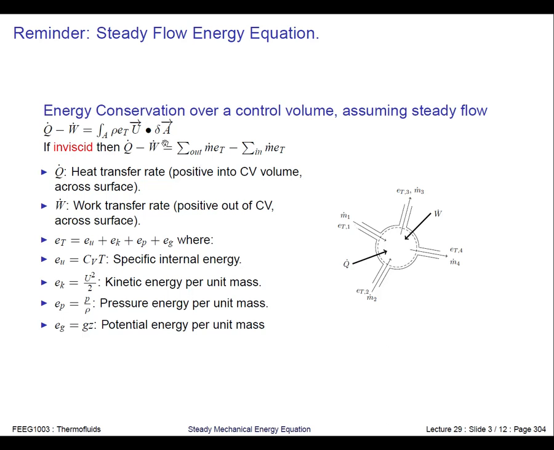That's what this term was, and if we could assume it's inviscid, we can simplify it to this. This is what we did when we did the steady flow energy equation, and your steady flow energy equation questions pretty much always assume your fluid is inviscid, and you're using this form for the convective terms, which is much easier than this rather unpleasant integral.